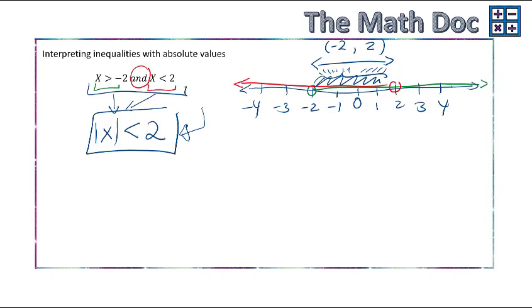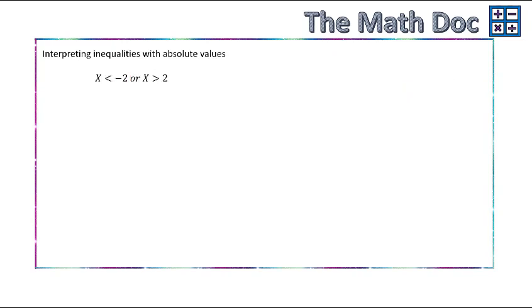Let's look at the opposite example now. In this example, we have x is less than -2 or x is larger than 2. So again, let's get ourselves on the number line and see what it looks like.